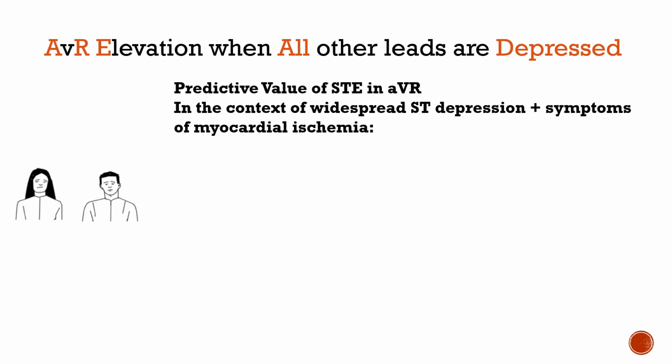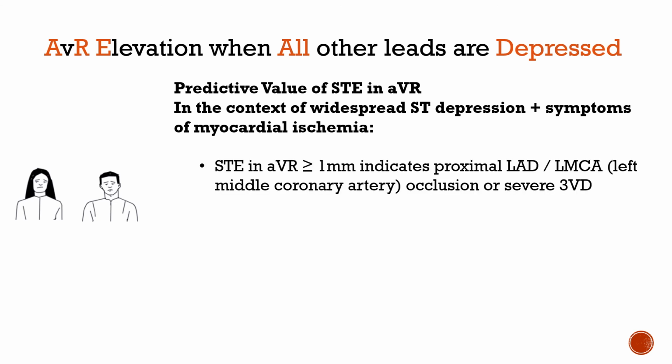Now the predictive value of ST elevation in aVR. ST elevation in aVR greater than 1 millimeter indicates proximal LAD or left main coronary artery occlusion or severe 3-vessel disease, and it predicts the need for a CABG.